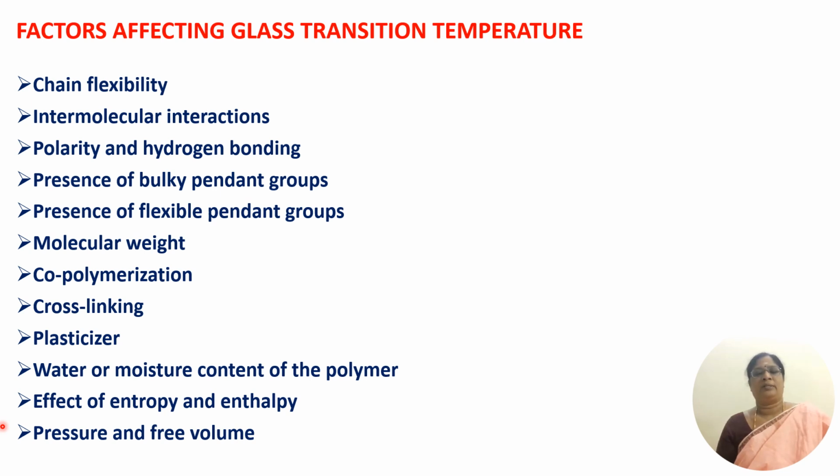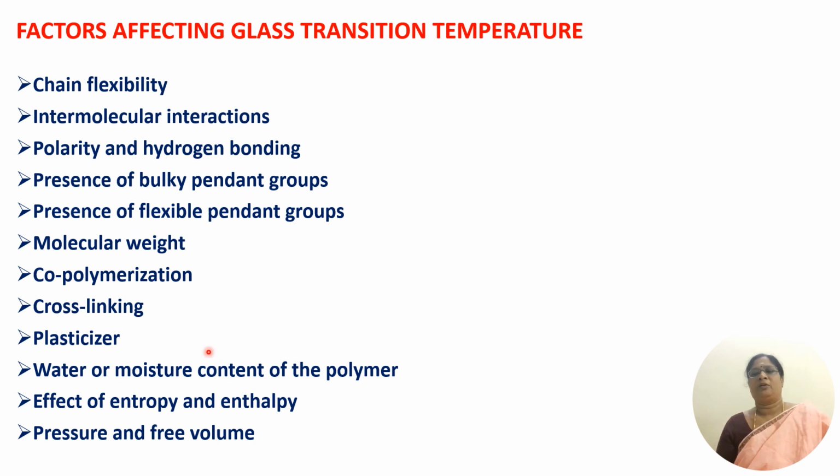The next one is the effect of entropy and enthalpy. Glass transition temperature is influenced by entropy, which is the degree of molecular disorder, and enthalpy, which is the intermolecular interactions, where higher enthalpy and lower entropy raise Tg by restricting molecular mobility. The last one is pressure and free volume.